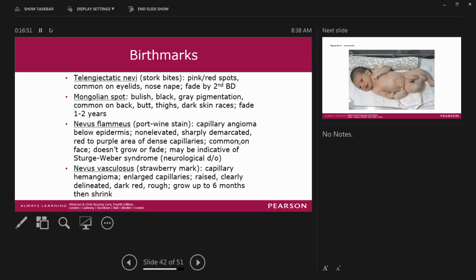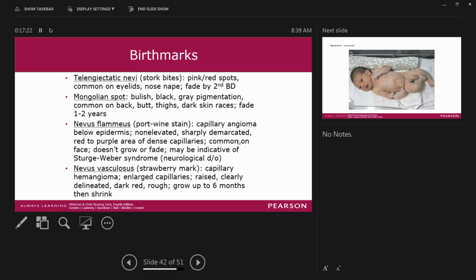Okay, nevus flammeus, port wine stain is what I call it. It's just a little collection of capillaries right below the epidermis. It makes just a little red spot, flat. You don't feel it. It's not raised. Sometimes the size of a dime, a little smaller, a little bigger.